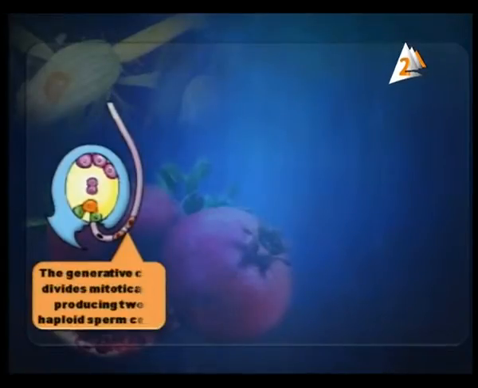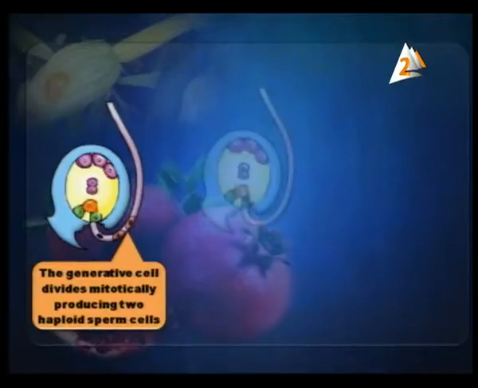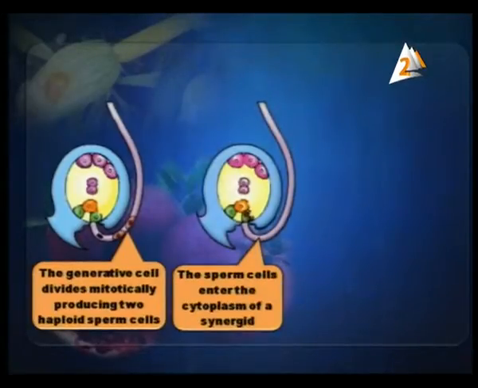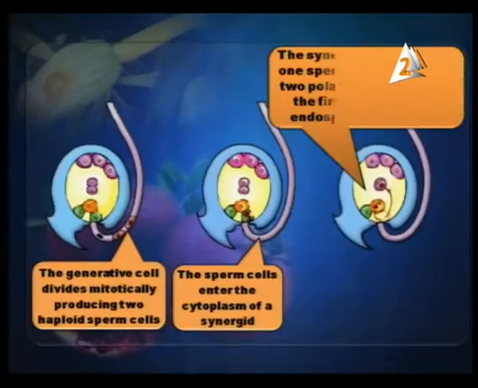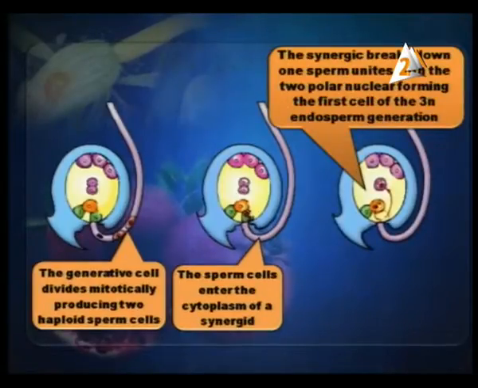One of them fuses with the egg and forms the zygote. The second one fuses with the embryo sac nuclei and forms the endosperm nucleus. Then the endosperm tissue is formed by the development of this endosperm nucleus.